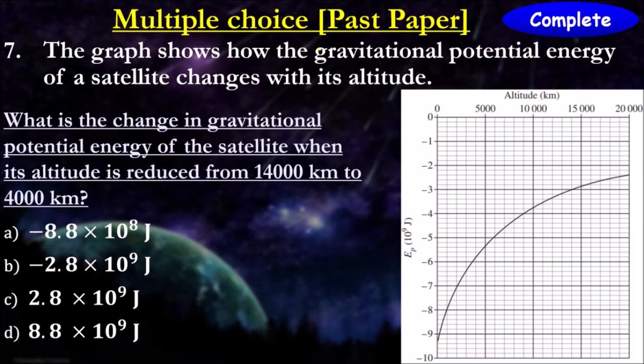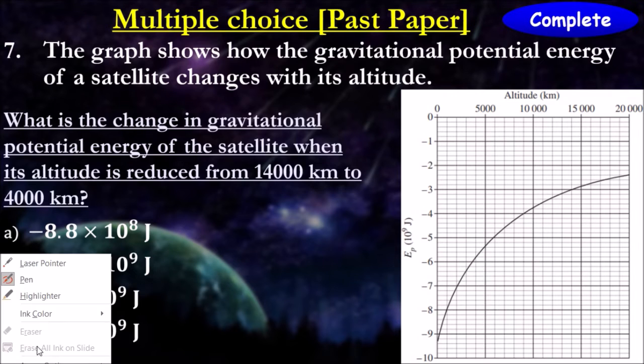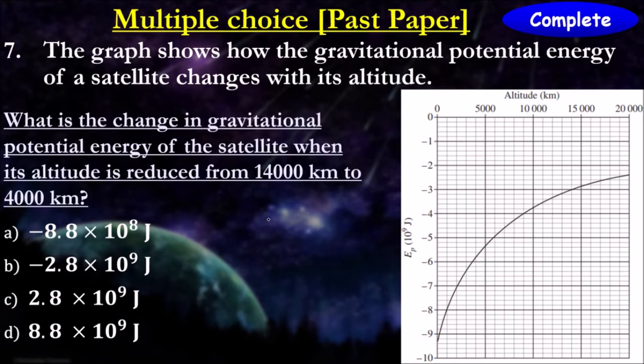Okay, the graph shows how the gravitational potential energy of a satellite changes with its altitude. What is the change in gravitational potential energy of the satellite when its altitude is reduced from 14,000 to 400,000?